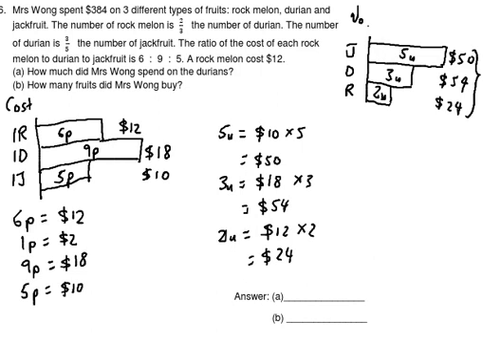Yes? So I can actually add up 50 plus $54 plus 24. All together add up to how much? 128. It's getting very untidy.